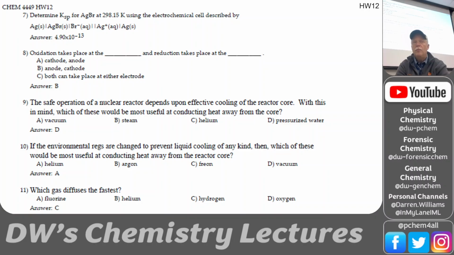Before you can do that, though, you've got to know what the half reactions are, right? And how do you know from what you're given in the problem? How do you find the half reactions? Yeah, so you've got to decipher the line notation.